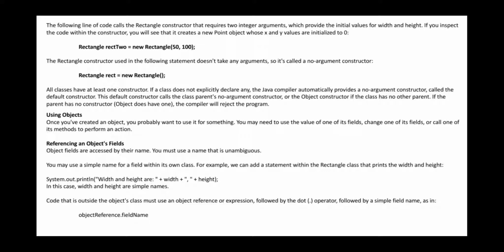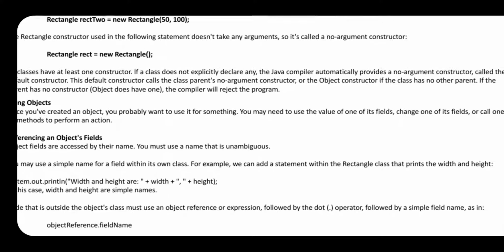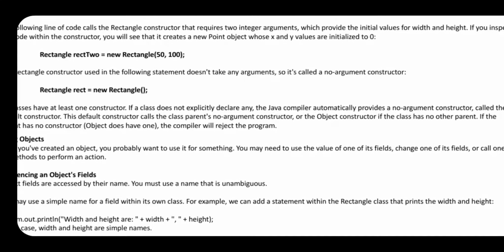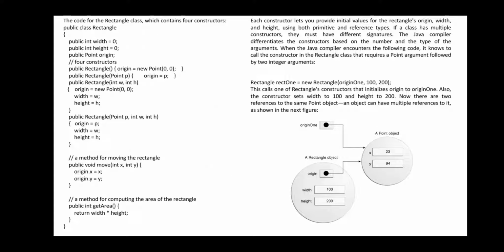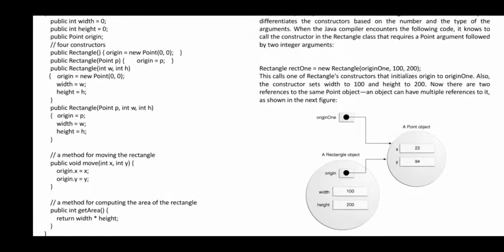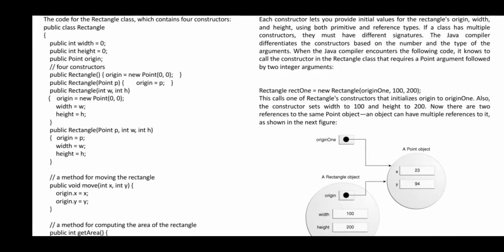If you inspect the code within the constructor, you will see that it creates a new point object whose x and y values are initialized to 0. Before that, let me make a point here. Just check what values you are having here.